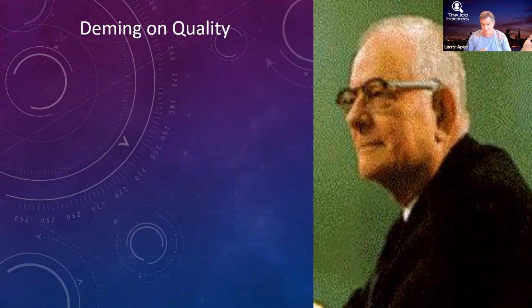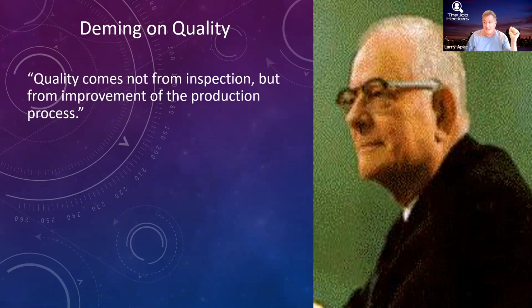Now, that's very tough for people, even in software development. I want you to wrap your head around it because it's really important. This guy here is a guy called W. Edward Deming. Some of you might be familiar. So you've taken your business courses, you ran into some guy named Deming. That's that good-looking gentleman on the right. Quality comes not from inspection, but from improvement of the production process.